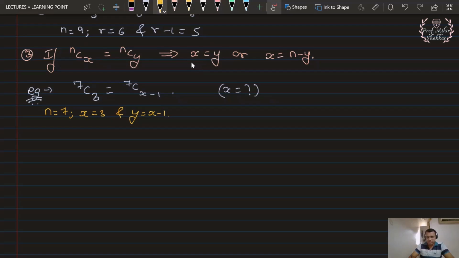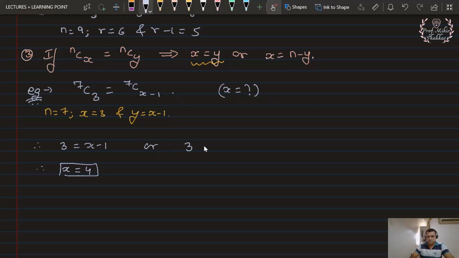So as per my property, x is equal to y. So I will get 3 is equal to x minus 1. So x is equal to 4.